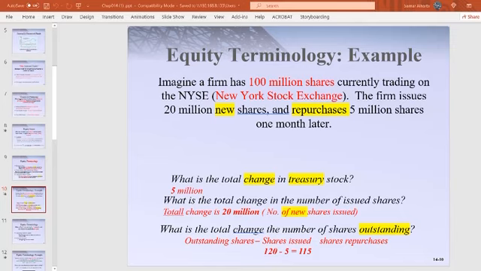We have 100 million from before, then they issued another 20. It will be 120, right? Then they repurchase 5, so the total in the market now is 115 million shares, right?